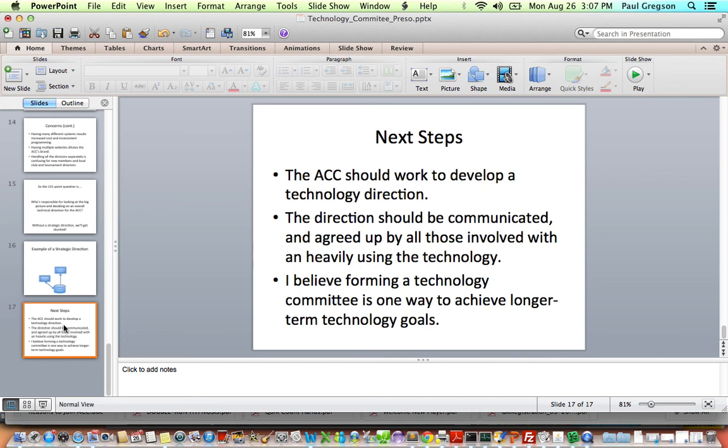A lot of those folks would be natural people to consult with, to understand how they do their jobs today, how to best save work for them, and how to best move forward so that the job that everyone is doing is being considered, but we're still working towards an overall direction that gets the ACC into a better place than it is today from a technology perspective.